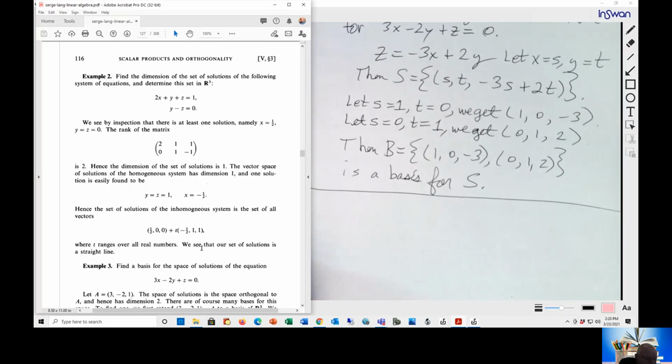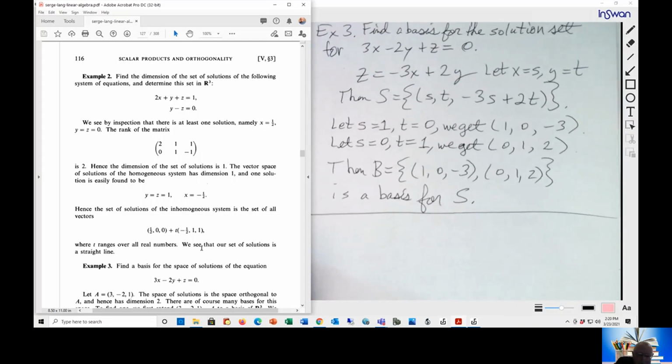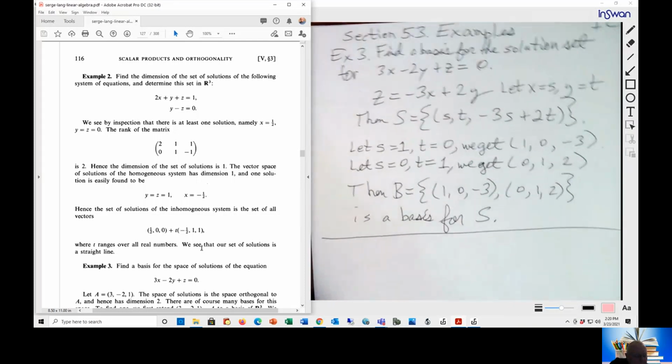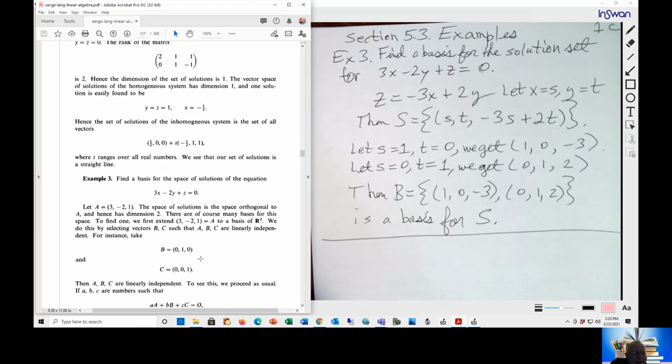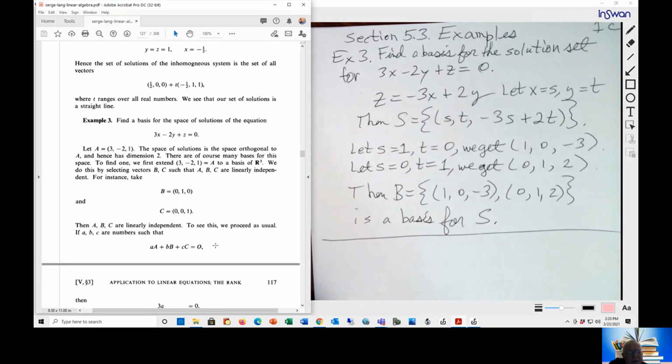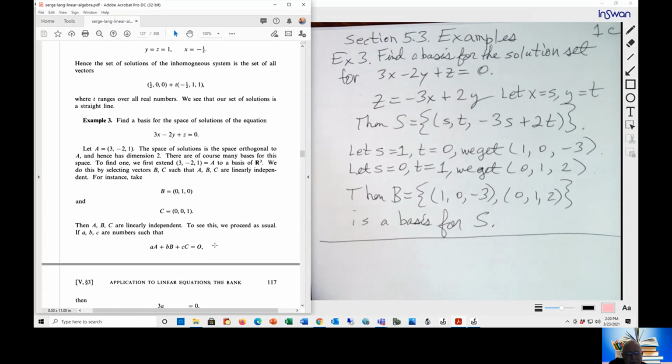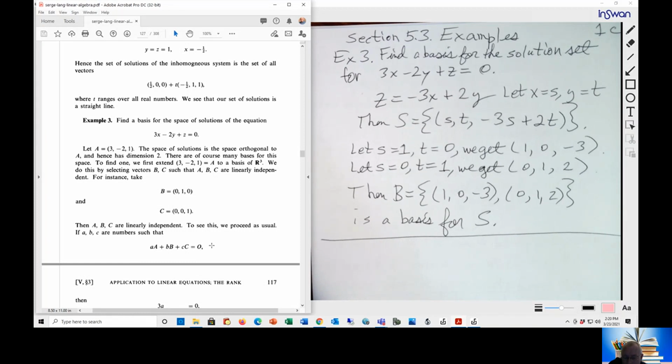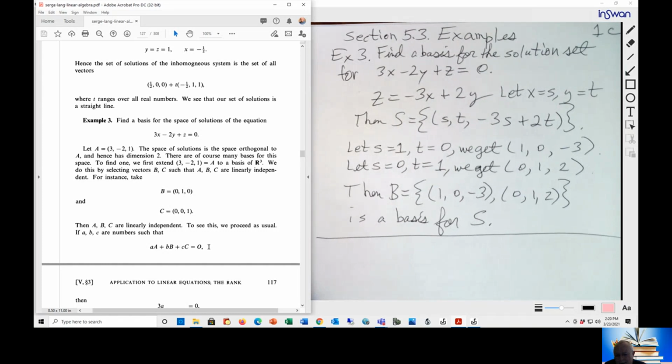And then example 3, also here on page 116, asks: what is the basis for the space of the solution set of this one system, this one linear equation, 3x minus 2y plus z equals 0.